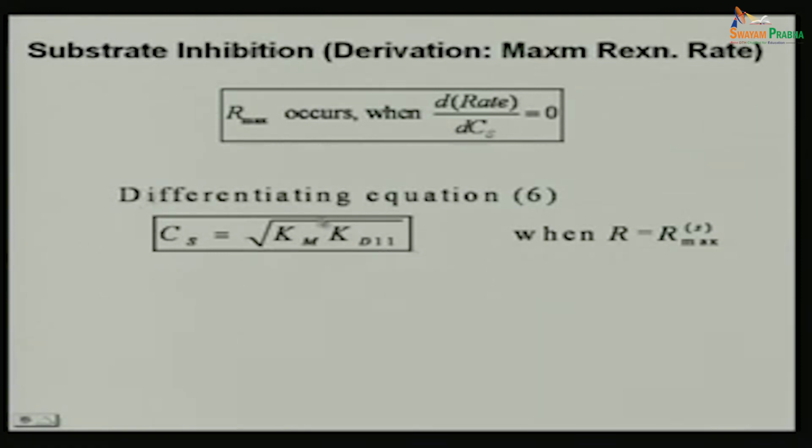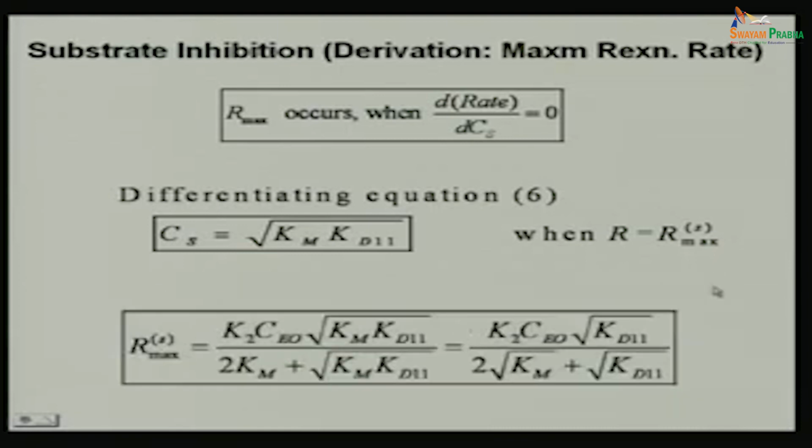At Cs equals the square root of Km Kdii, you have the maximum rate. And the maximum rate itself, when you put that value of Cs into your R, you get as a number which is dependent on all the rate constants and C naught.